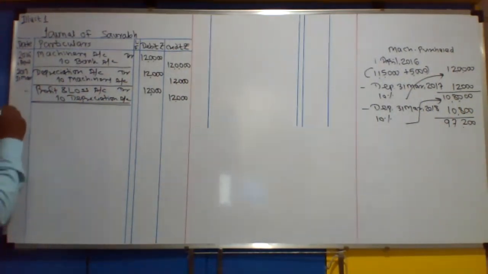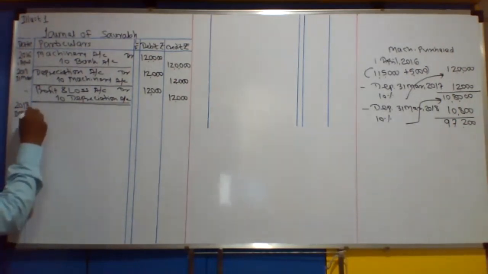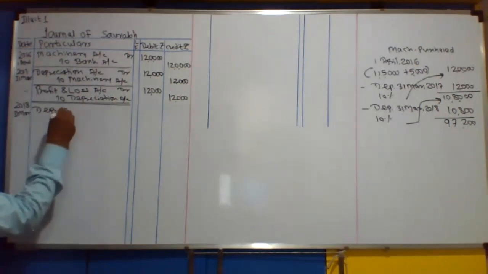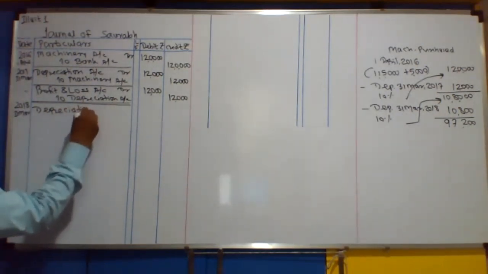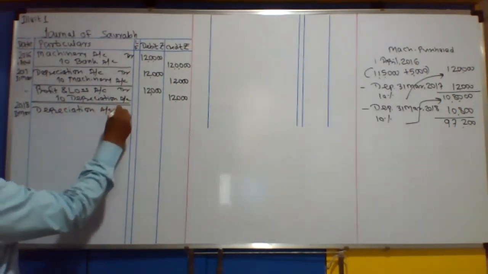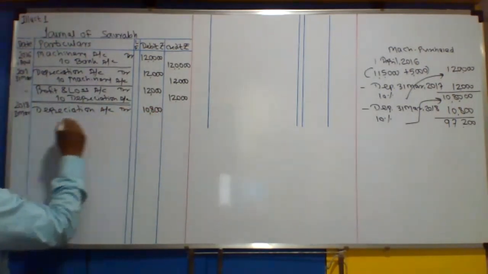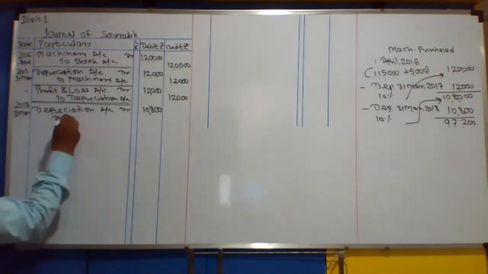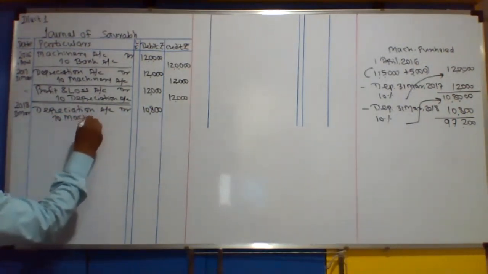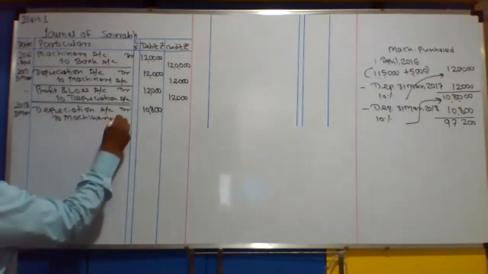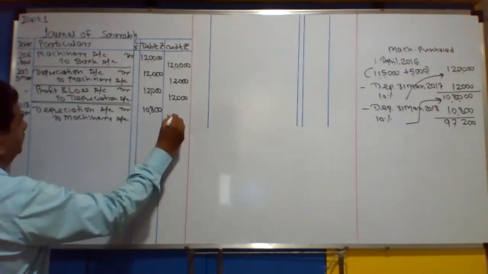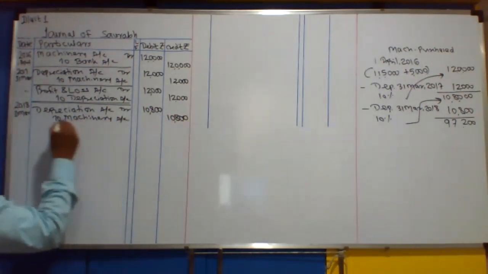Now two entries on 31st March 2018. The first entry: depreciation account debit 10,800 to machinery account 10,800.